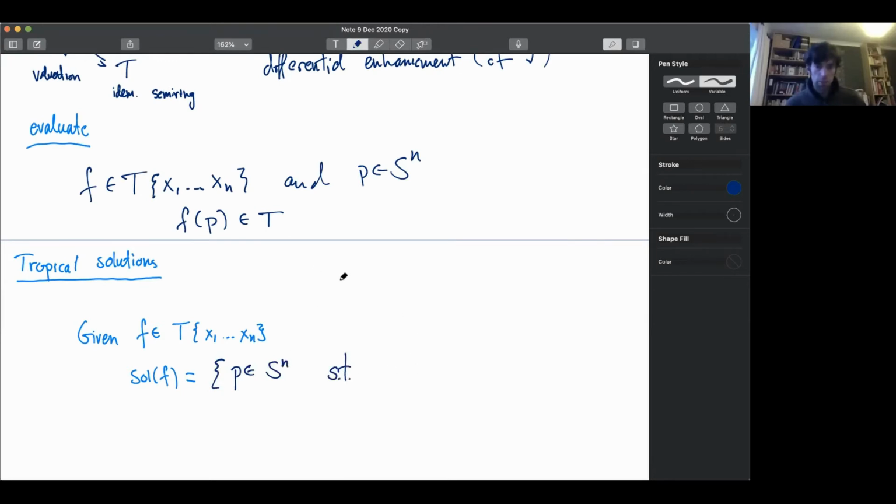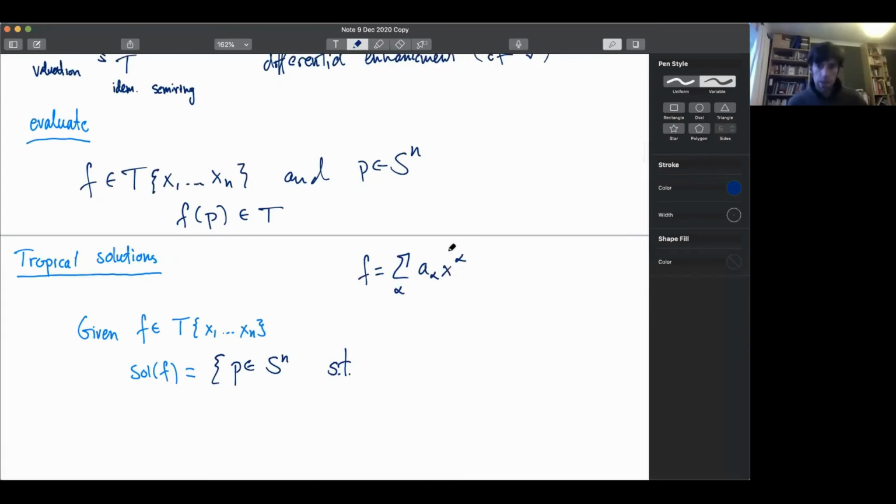such that, well, if F is equal to a sum over terms alpha of a coefficient A sub alpha times X to the alpha, in multi-index notation, and these X to the alphas are differential monomials.